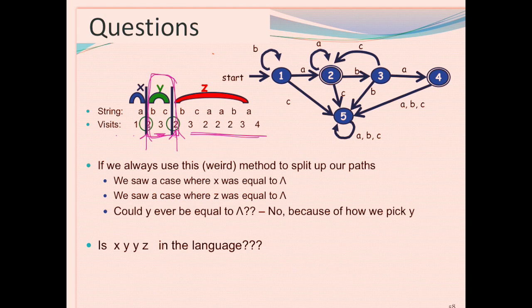So I do stuff that gets me to state 2, then I hang out in state 2 for a while, and then I do stuff that leaves state 2 and continues. I think I can do this piece as many times as I want, because I could go to state 2, do the BC, and I'm at state 2. Let's do BC again, I'm still at state 2. If I do BC again, that'll still take me to state 2. So yeah, I think x, y, y, z is in the language.